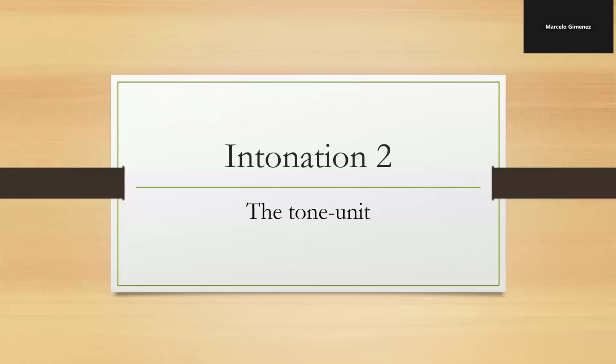Even a one-syllable word is considered to be an utterance: yes, no, well, when. In those utterances, simple as they may be perceived, we are doing something more. We are using stress, rhythm, and a tone.